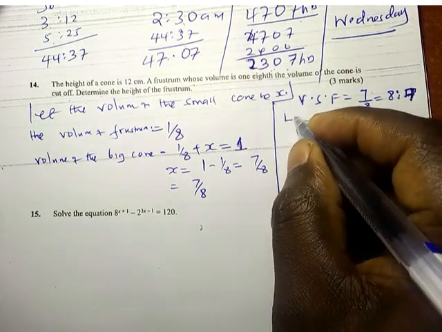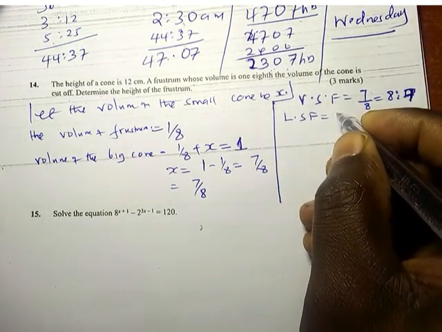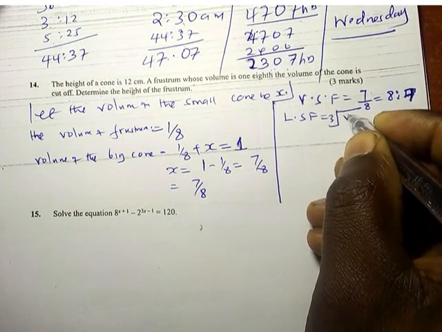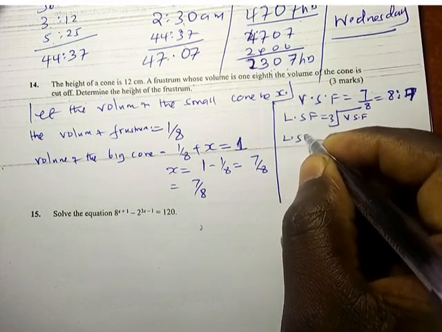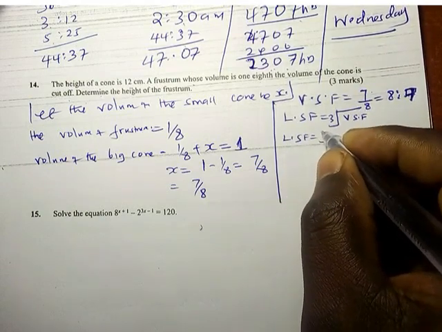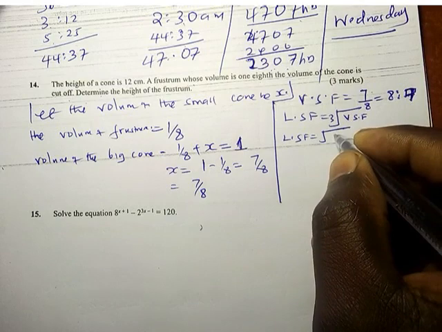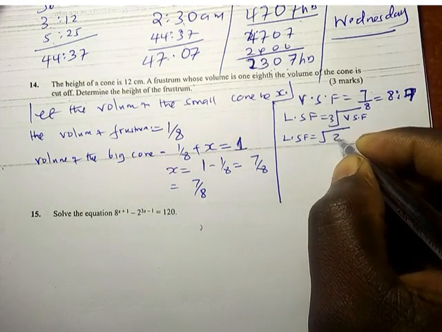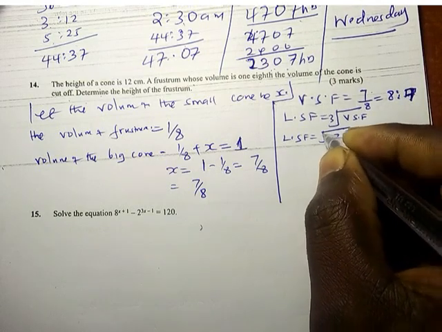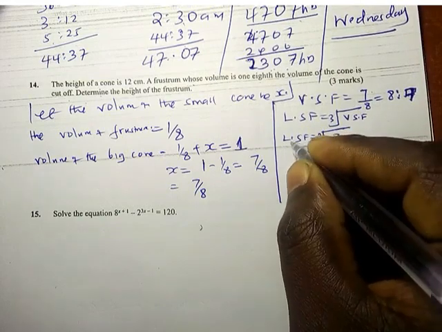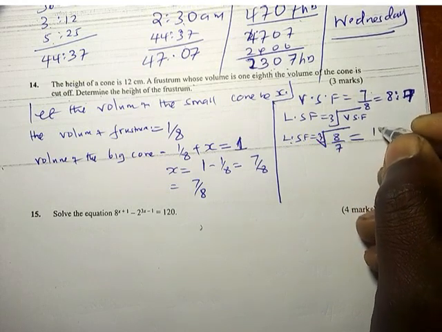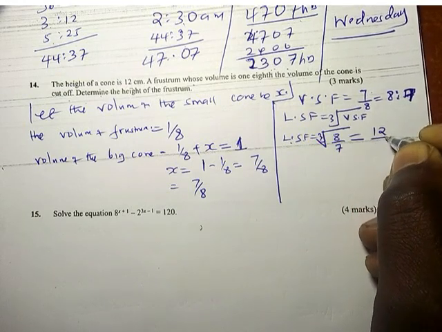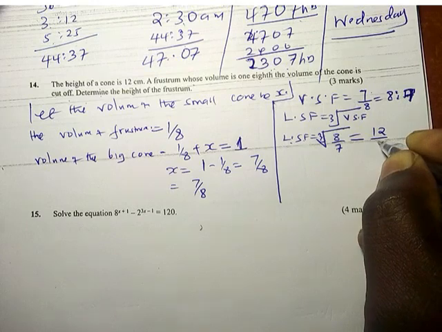So linear scale factor is equal to the cube root of volume scale factor. So linear scale factor is equal to the cube root of 8/7. The cube root of it will give us the linear scale factor, and this one will be equal to the height, which is 12, that of big over small. We are determining the height of the small over x.